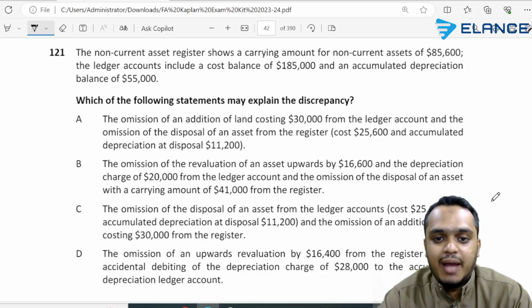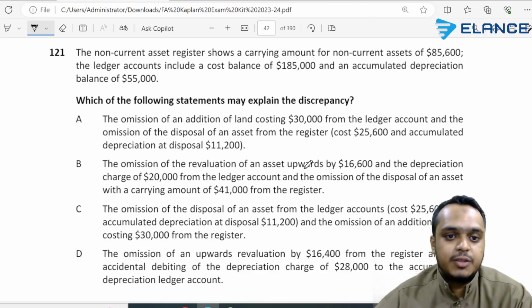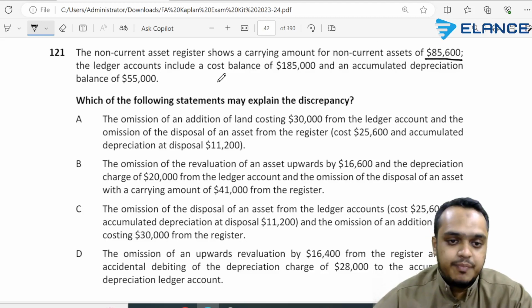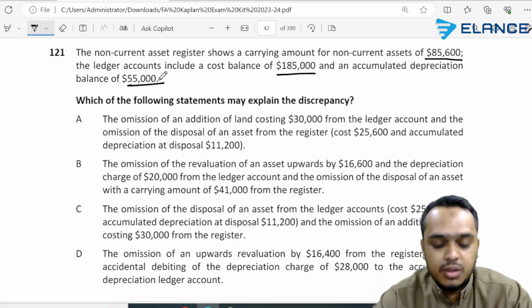So now I have this question in front of me. You can see that this is related to the non-current assets, IAS 16. If you have a look at this particular question, the non-current asset register shows a carrying amount of non-current assets of 85,600. The ledger accounts include a cost balance of 185,000 and an accumulated depreciation of $55,000.